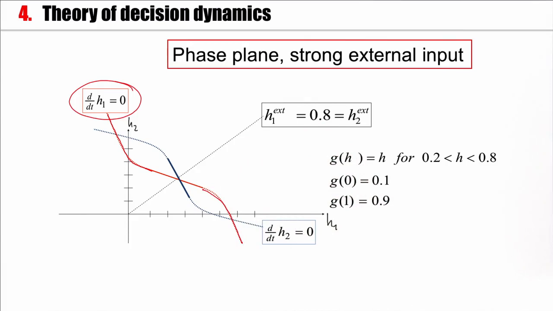Now all the points that lie on the other function are the points that have ddt h2 equals 0. I have two differential equations, and there are now 3 points where both differential equations are 0, and these are the fixed points of the system. That means there's no change. If the system is here, there's no change.